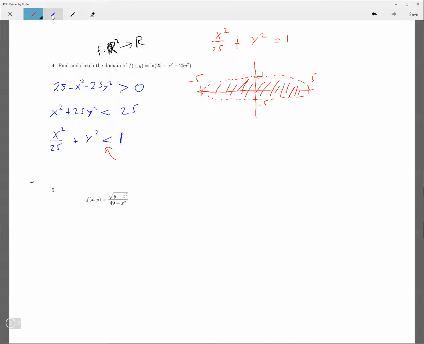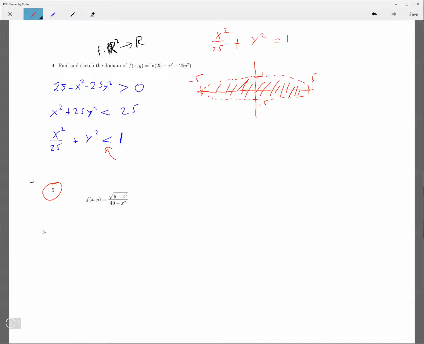Okay, great. So let's look at the next one, number 5. And we're supposed to find and sketch the domain of this. Okay, so where does the square root have problems? What numbers can you take the square root of? Or what numbers can you not take the square root of?